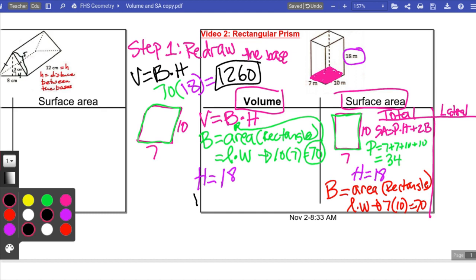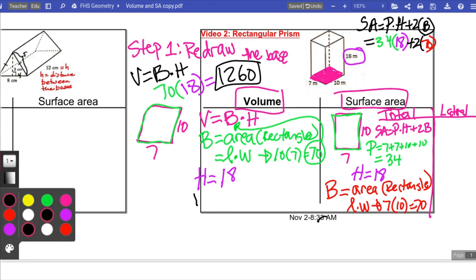Surface area is P times big H plus 2 times big B. I already know the perimeter is 34, the height of the prism is 18, plus 2 times big B, which is 70.